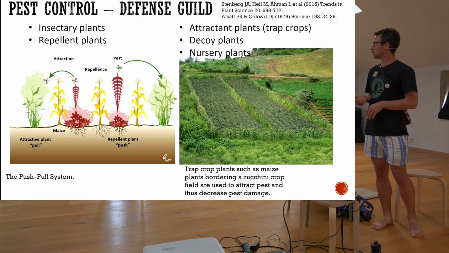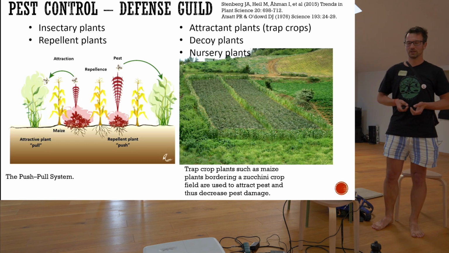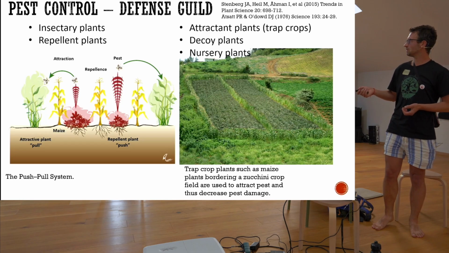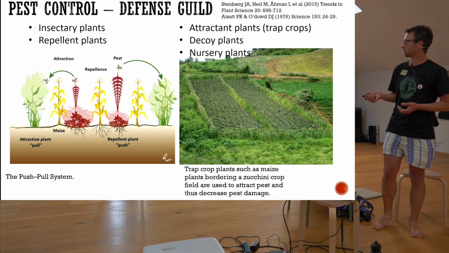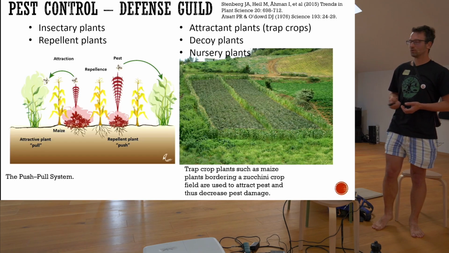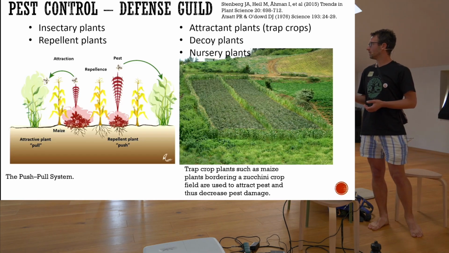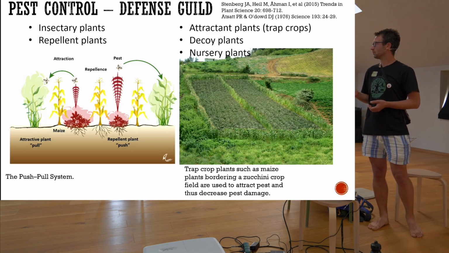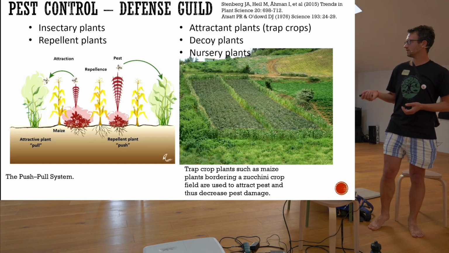For example, they lack certain nutrients, have nutrient imbalance, and pests just don't produce so much progeny, or they don't live so long. And of course, as we know in permaculture, you try to select multifunctional elements. So each of these repellent and attractant plants should perform additional functions. For example, in this system designed for corn in a tropical climate, the repellent plant Desmodium is also a nitrogen fixer, and it also suppresses the development of the parasitic weed striga.